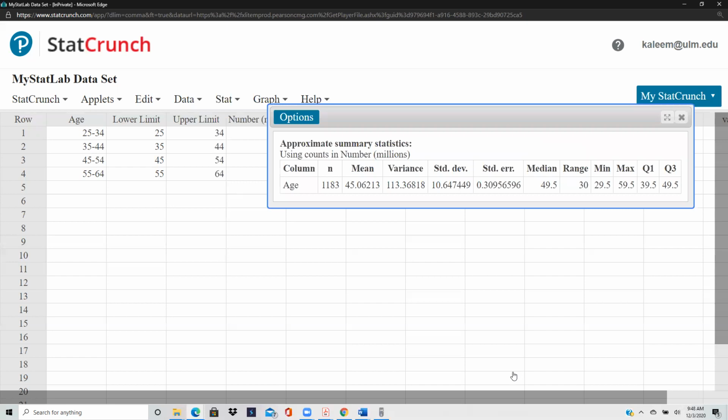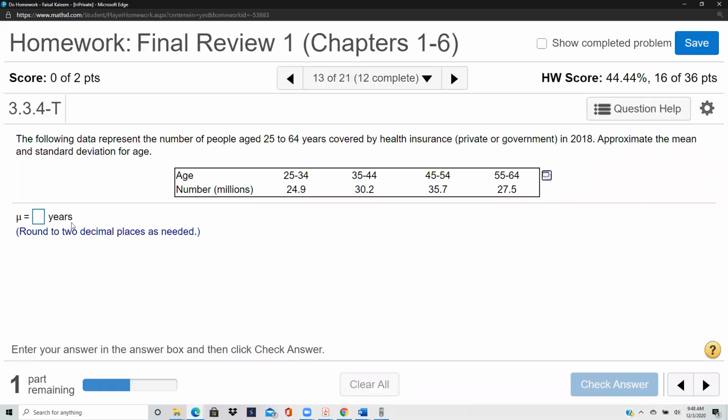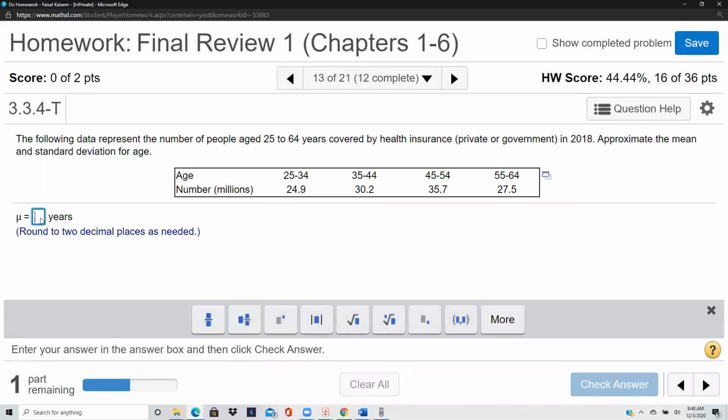What was it? Mean and median? Mean and standard deviation. Yeah, so 45.06. I like it even more now. 45.06.